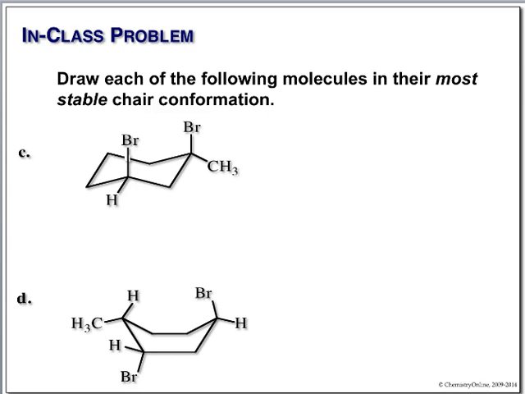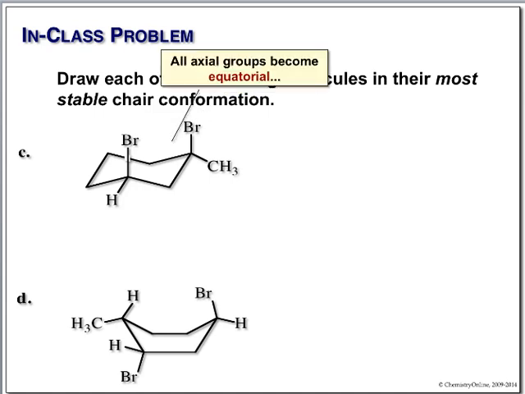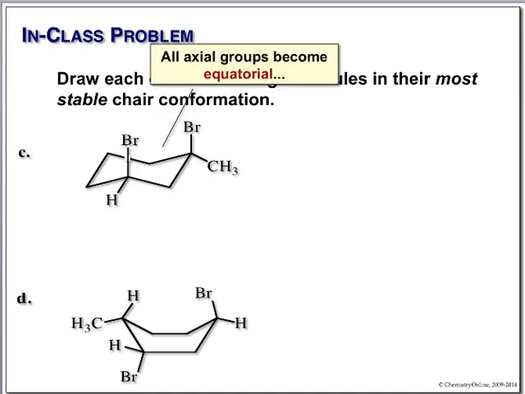So, start off by drawing your perfect ring. Put in axial equatorial bonds on carbons 1 and 3. We're going to make these 2 bromines equatorial. Our skeleton should look like this.